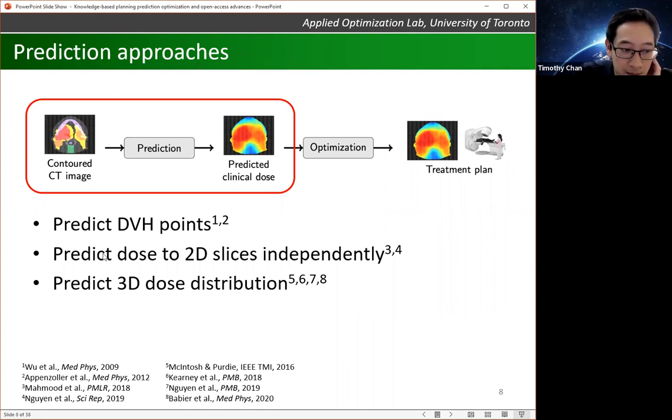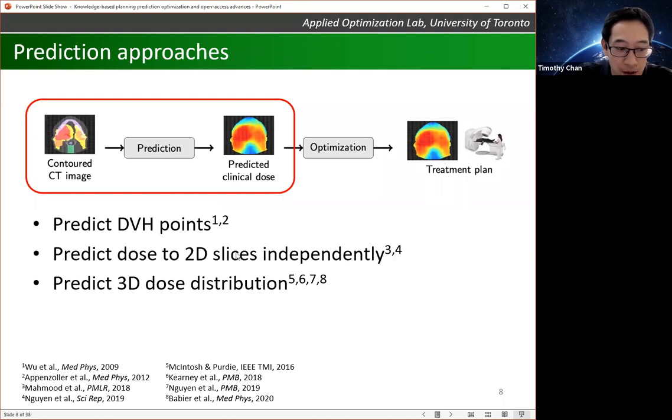And then when people started to really realize the power of using deep learning, CNNs for example, to make good predictions from image-based data, people started to directly try to predict this 3D spatial dose distribution from the image without compressing it into a linear model or anything like that.